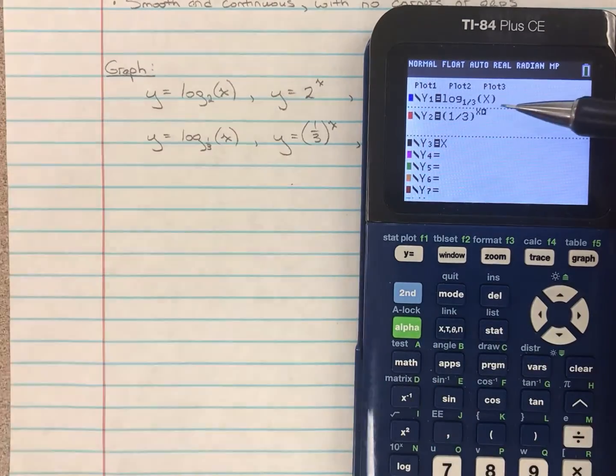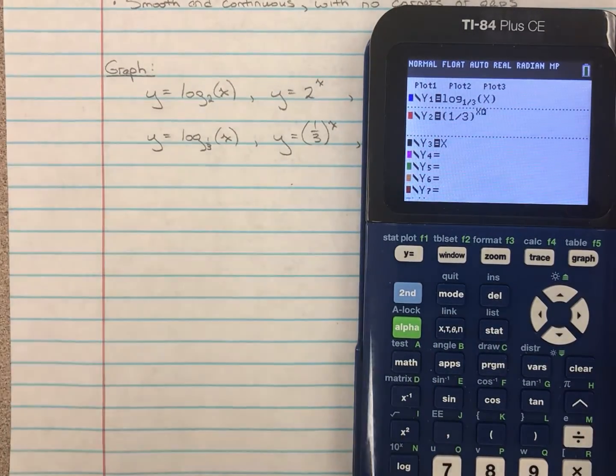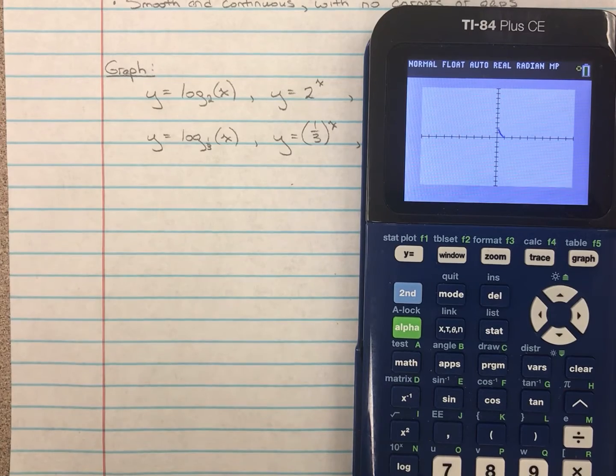Again, these are inverse functions. They should be symmetrical with respect to the line y equals x. They undo one another. Graph. Well, there's the decreasing log function. Here is the decreasing exponential function. And here's the line y equals x.